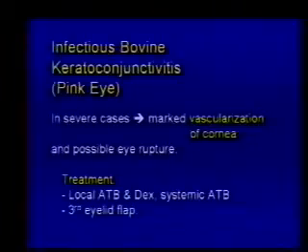But then you also want to treat the pen mates or herd mates with an antibiotic such as oxytetracycline to treat the carrier state, because a lot of the other animals may be carriers, and to prevent the infection from spreading from one calf to the other.